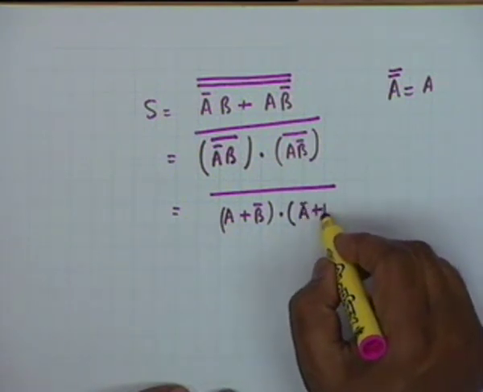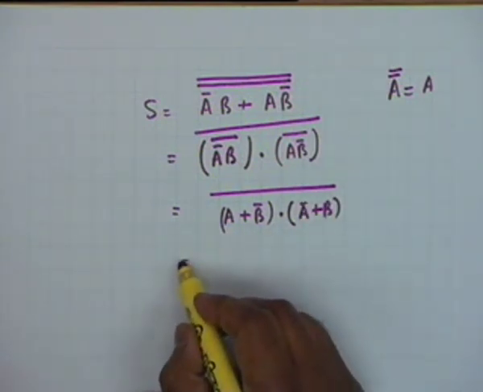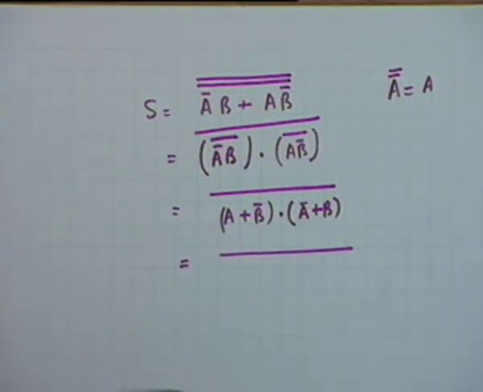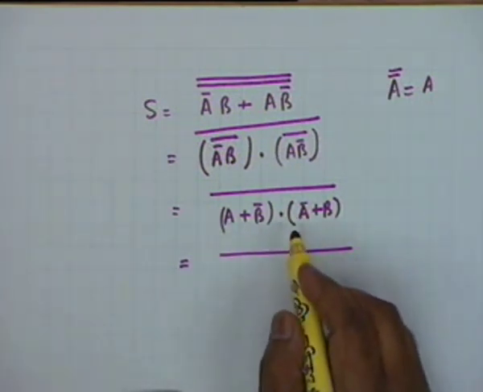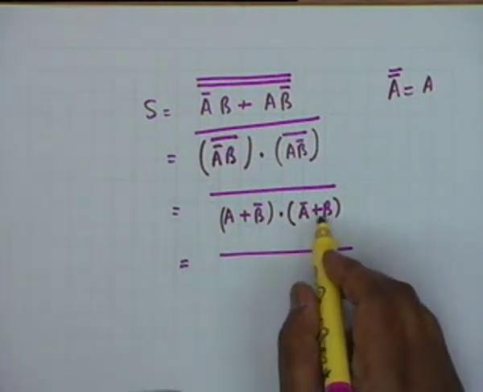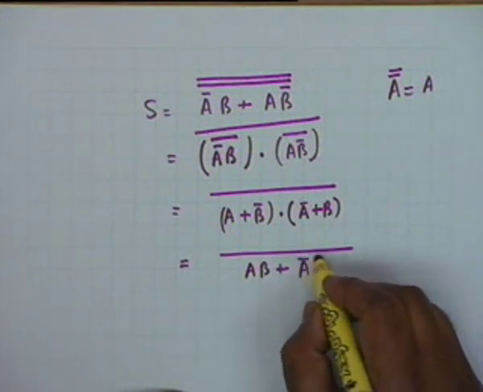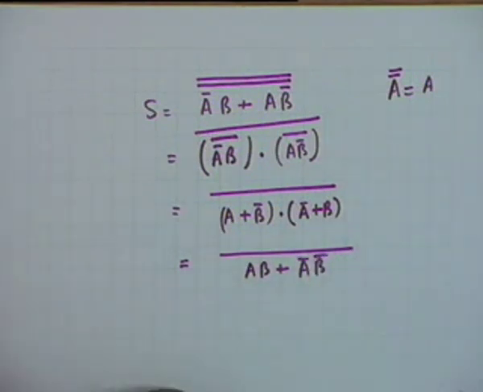A bar plus B. Now, if I simplify this, A bar is 0 and B bar is 0. So, what I get is AB or A bar B bar.